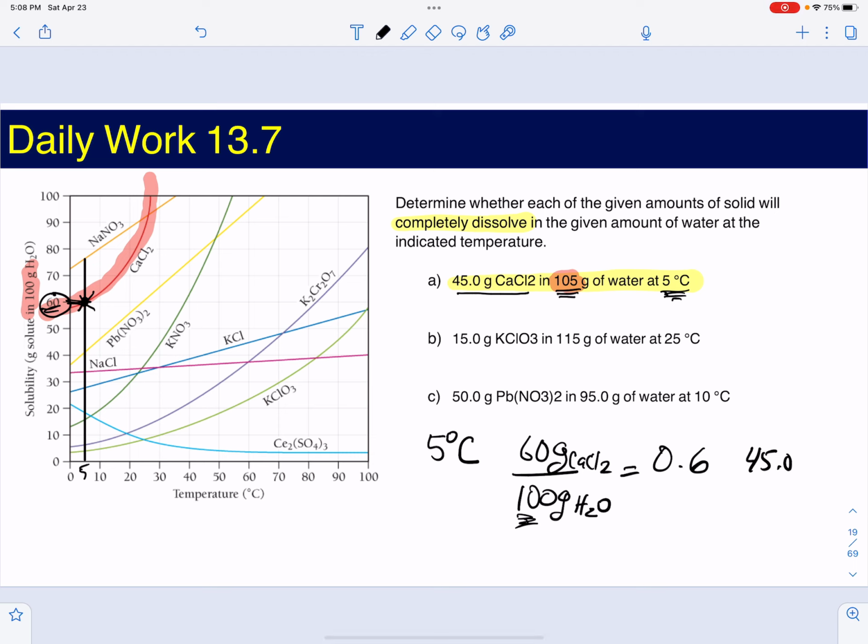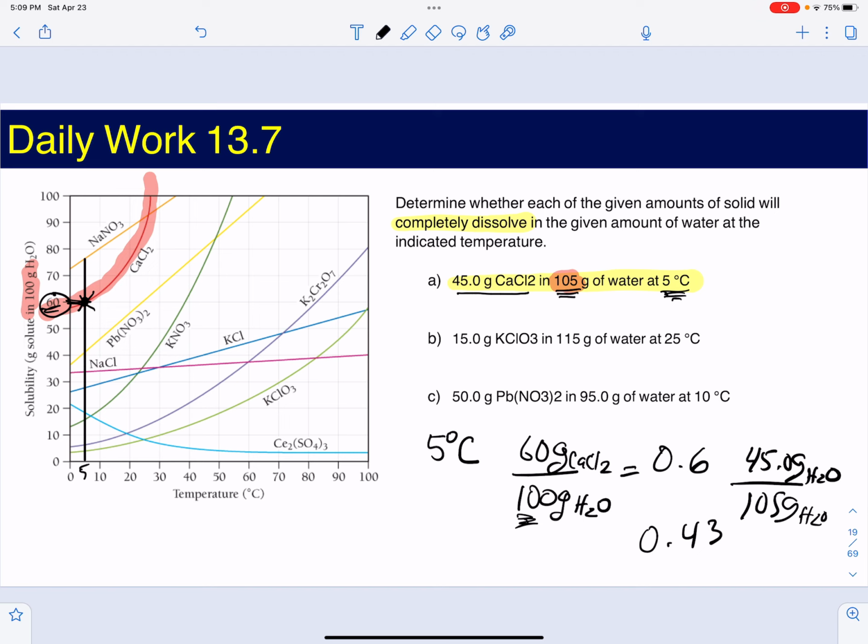So all I have to do is take 45 grams at 105 grams of water and find out what that is. So what would be 45 on 105? Let me do the calculator. The proportion between 45 to 105 is going to be 0.43.